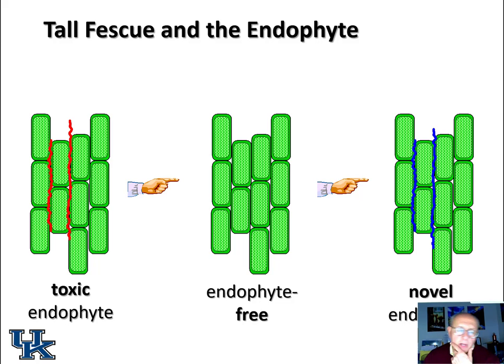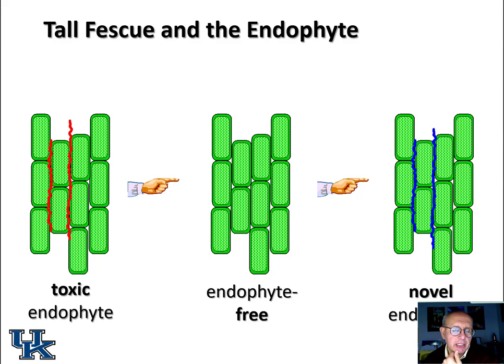This is a graphical representation of the three types of tall fescue based on their endophyte status. The left-hand drawing would be the Kentucky 31 type with the toxic endophyte. This would be what was found on that hillside in Menifee County in 1931. Treat that seed with heat or fungicide, or age it, and you can make it endophyte free.